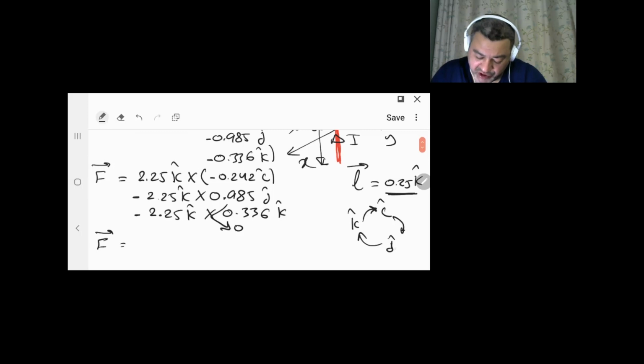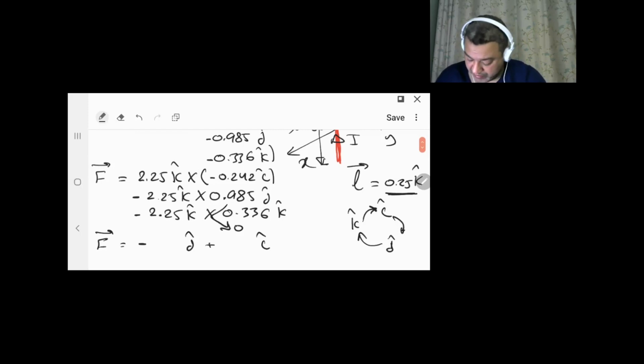K cross I is J. Since I have a minus, then it becomes minus J. So I'll put minus J. I'll leave the calculations till the end. And then K cross J is minus I. I have here minus, then it becomes plus I. So now I put the numbers.